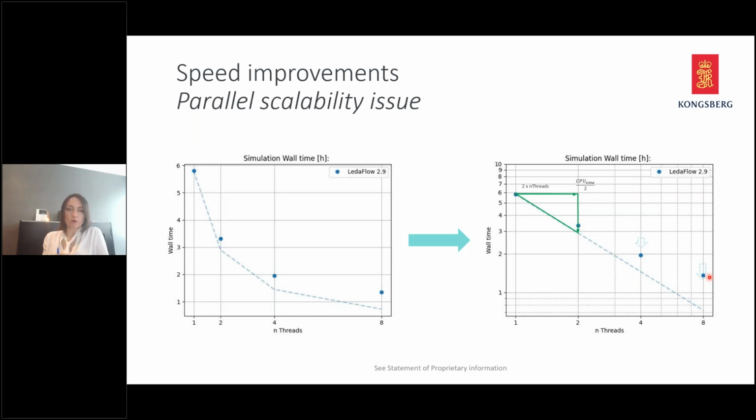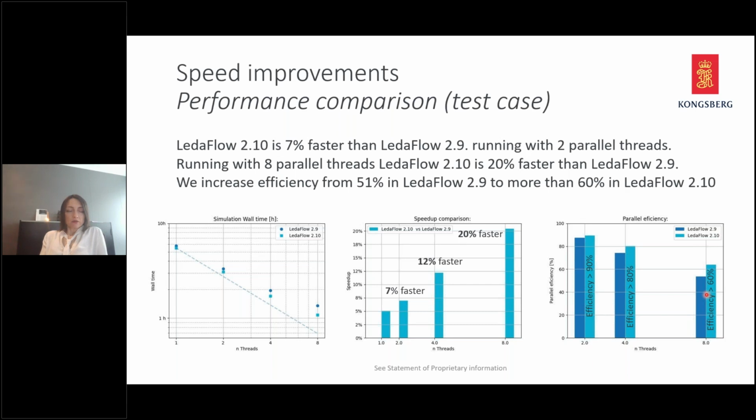So the idea when we work on parallelization is to come as close as possible to this ideal situation here. For this specific test case, the graph on the left-hand side shows the result of LedaFlow 2.9 and 2.10, and as you can see, we have managed to come closer to that ideal situation.